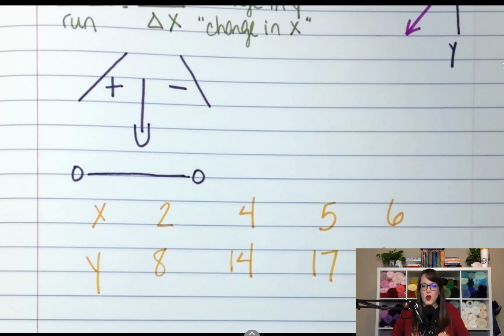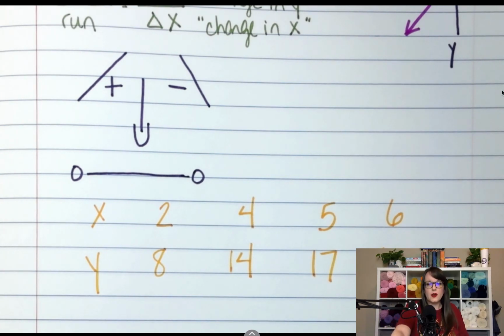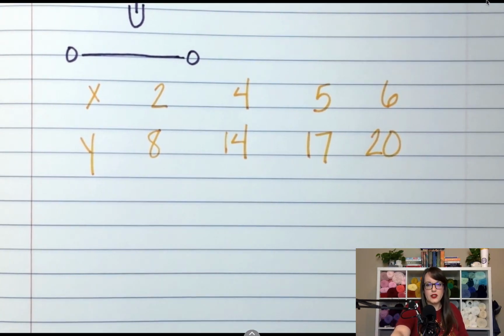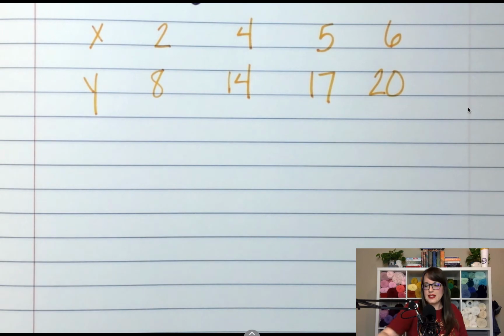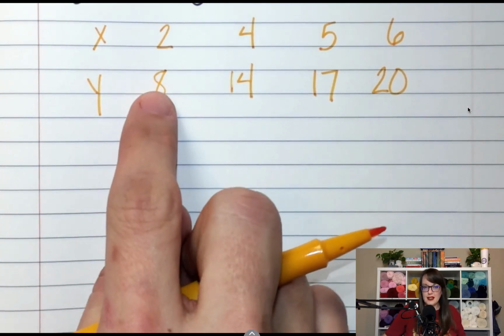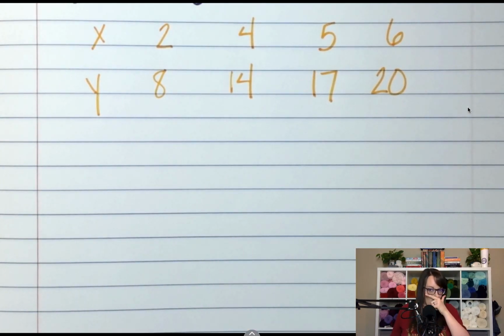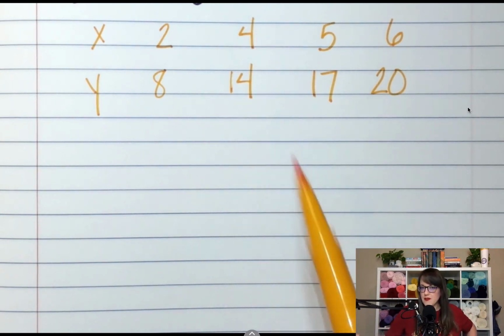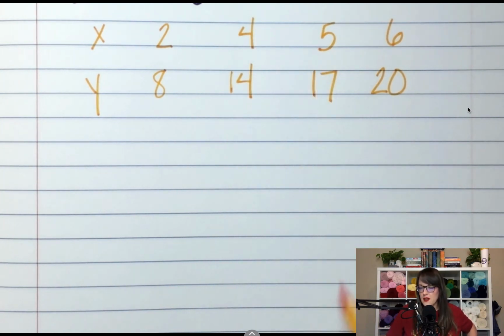Now, I know a lot of times when we deal with these kinds of tables, the instinct when we see 2 to 8 is to say, oh, times 4. But 4 times 4 is 16. And 5 times 4 is 20. 6 times 4 would be 24. So this is not a times 4 relationship.